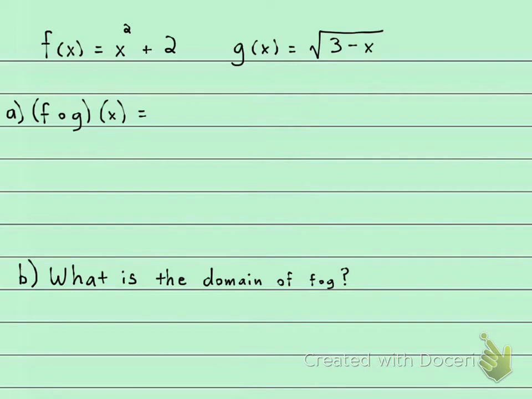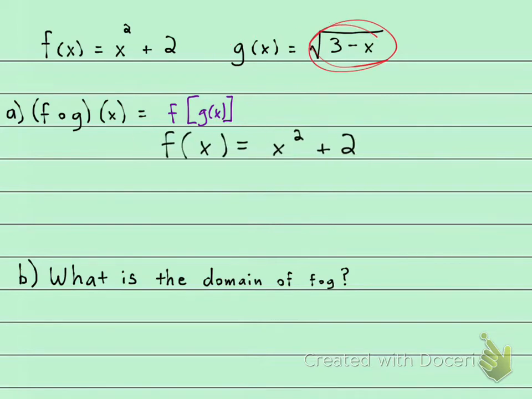All right, so first thing I like to do is rewrite my f of g of x, like this: the f of g of x. Okay, and that's going to help me realize that I'm plugging the g function into the f function. So let me write down my f function right here.